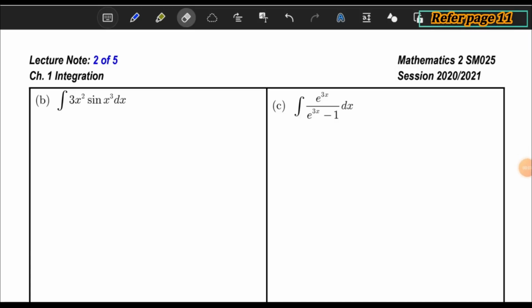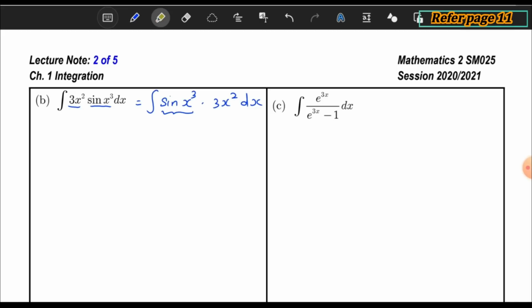Example part B. 3x squared is a polynomial function, sin x cubed is a trigo function. So, sin x cubed is more complicated, isn't it? So, we rewrite as sin x cubed times 3x squared dx. We write the function related to u first. Okay.